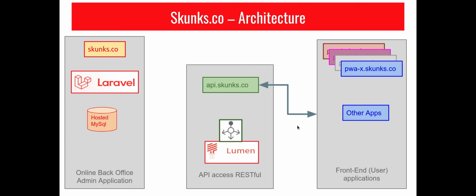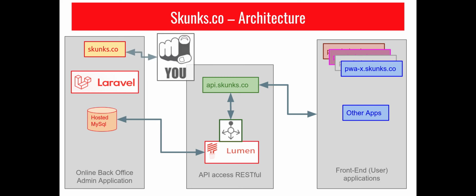Okay, so the application front ends or your PWAs access api.skunks.co. This goes through the gateway. Tokens are created, short, long-term tokens, all kinds of fancy stuff is done over there. And you then are established in a sessionless environment and you access the data that's hosted in MySQL.